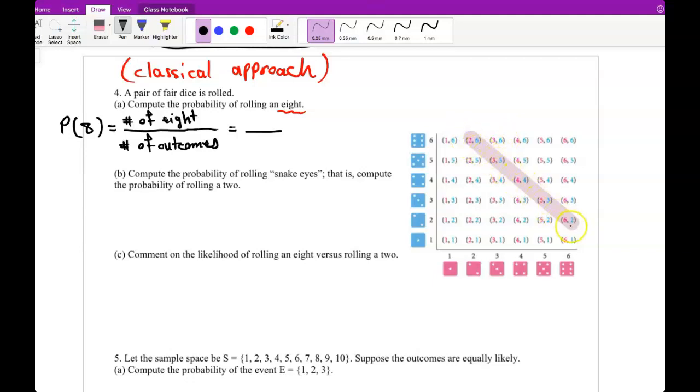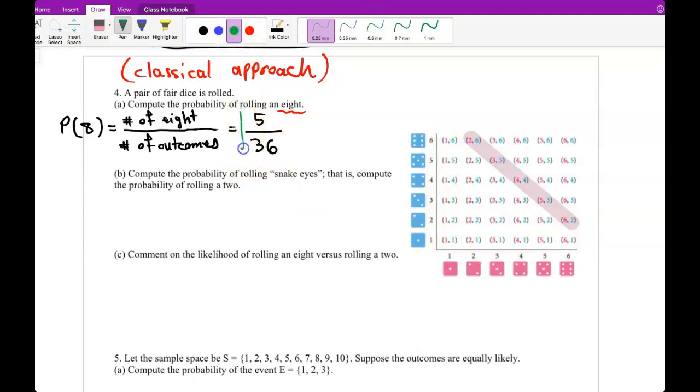And on this part we have all these 5 events adding up to 8: 2 plus 6, 3 plus 5, 4 plus 4, 5 plus 3, 6 plus 2. All of these are equal to 8. So the number of 8s is 5. The denominator is the number of outcomes in this sample space: 6 times 6, so we have 36 in total.